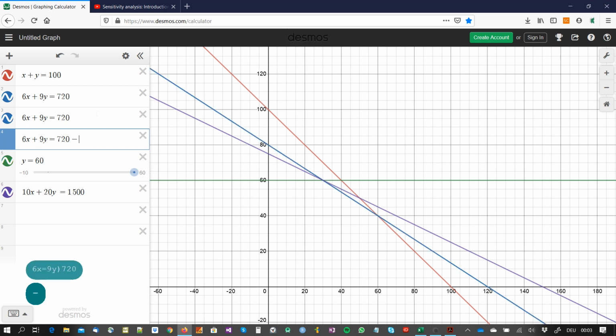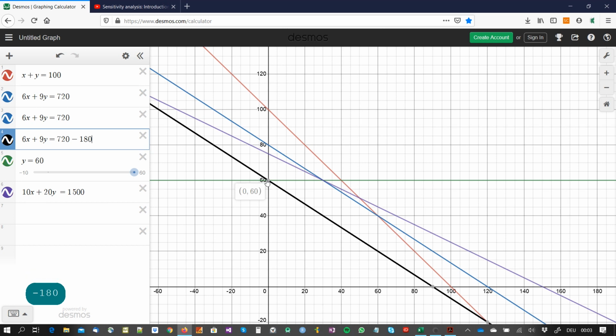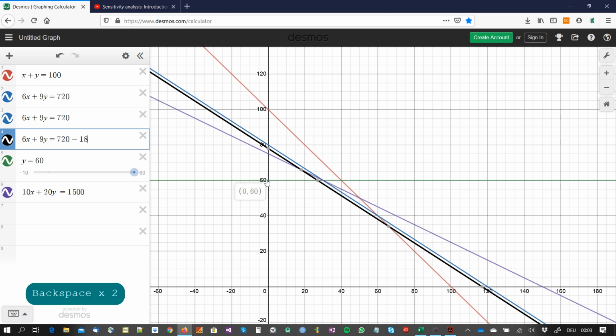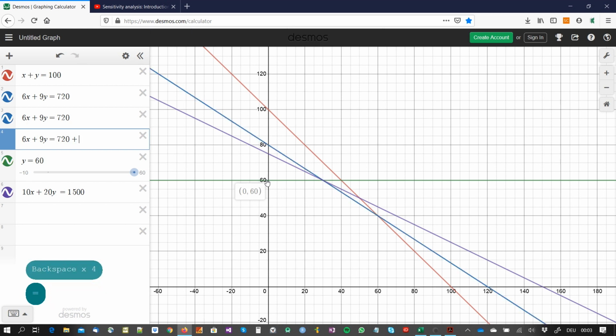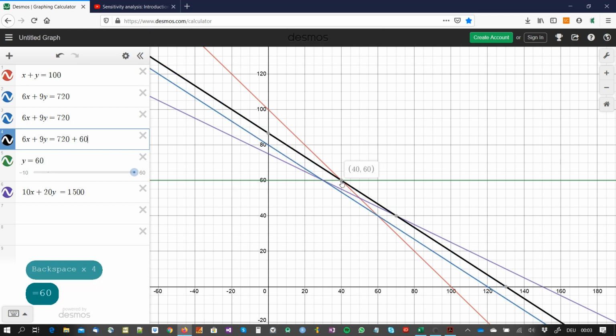We said we can decrease it by 180, and in fact, we see in the graphic that at this point it would hit our constraint 3, so the basic feasible solution would change. The increase was by 60. If we increase it by 60, there would be a new intersection point with the first constraint.